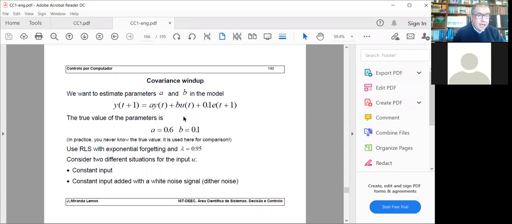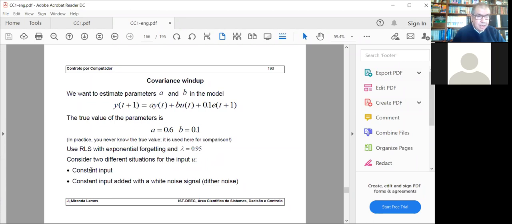And since this is a simulation, I know the true value of the parameters. And I say, well, A is 0.6 and B is 0.1. Okay. And I use a forgetting factor of 0.95. This is forgetting a lot. Remember, I'm just considering the last 20 samples. And now I do 2 types of experiments to generate data.